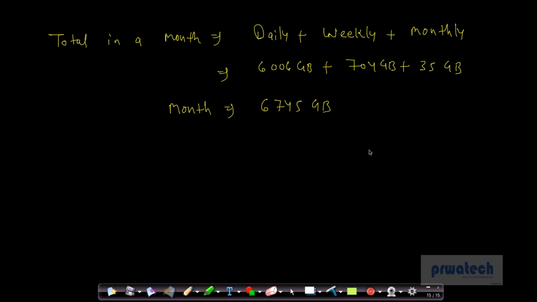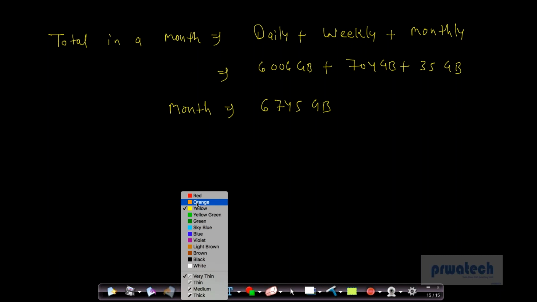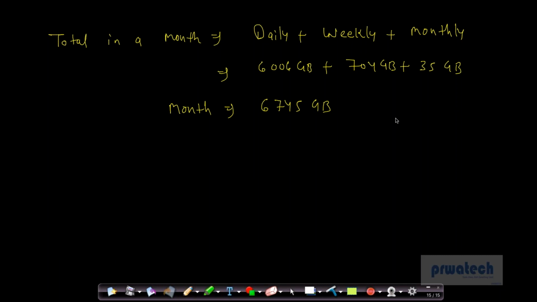Now, if you want to calculate for a year, then obviously we'll multiply with 12, because if you're creating a cluster, you're not creating a cluster for 1 month. At least you will do the cluster capacity calculation for the whole year. Now we need a formula here.